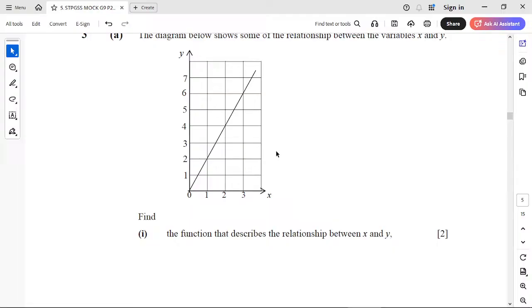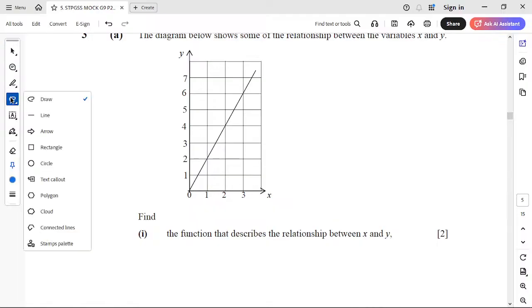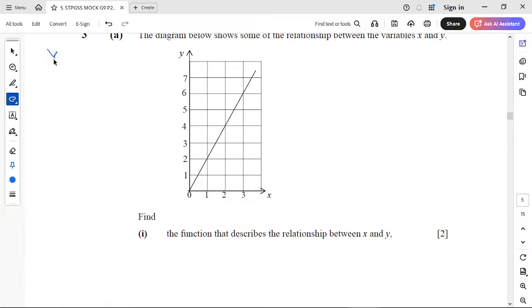To do that, first we need to come up with the frame for the function. The frame for the function is y is equal to mx plus c, where m is the gradient and c is a constant.